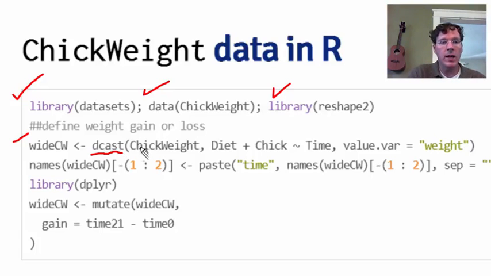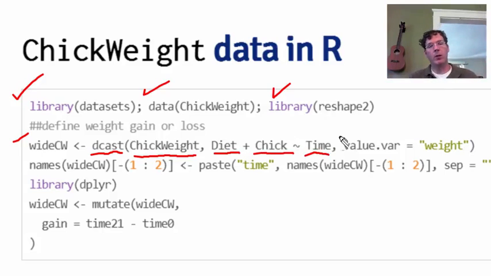So we dcast this ChickWeight data frame, and the variables diet and chick are the things that stay the same, and the time variable is the one that gets converted from a long format to a wide format. Then I didn't like the names it was giving, so I renamed the latter couple of columns.